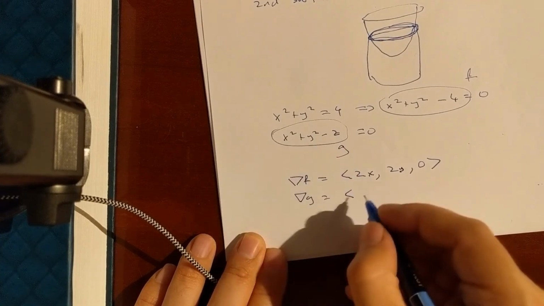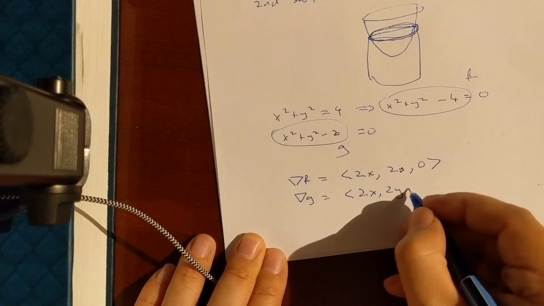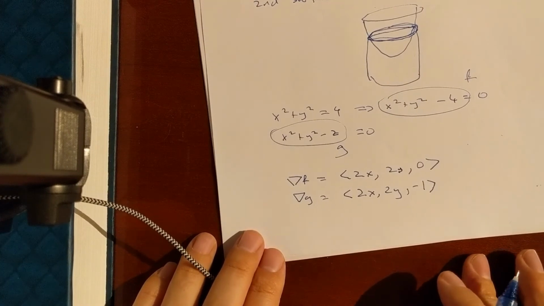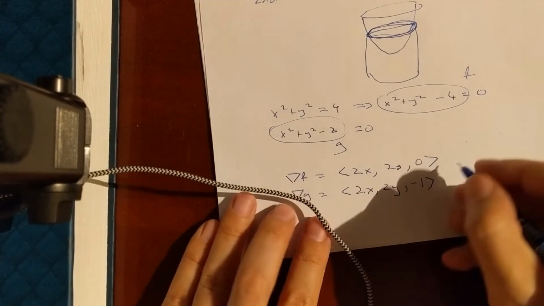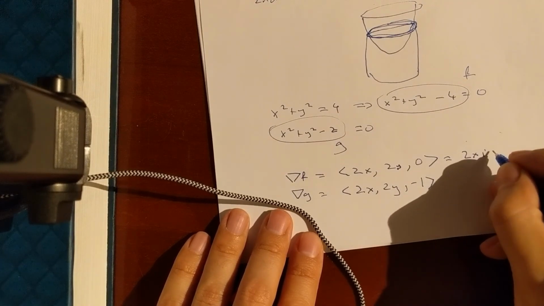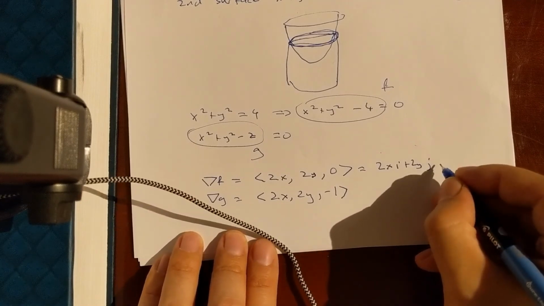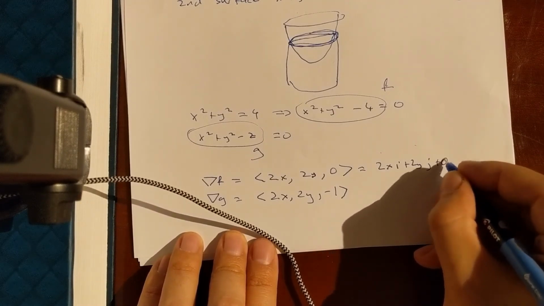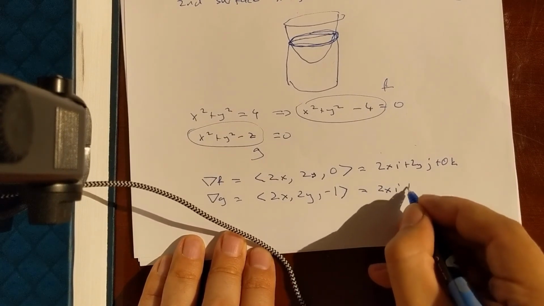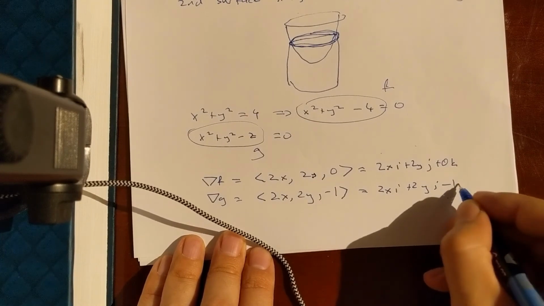Again 2x, 2y, but there is a z in this one, so the derivative with respect to z is minus 1. In vector notation, the gradient of f is 2x i plus 2y j plus 0 k, and the gradient of g is 2x i plus 2y j minus k.